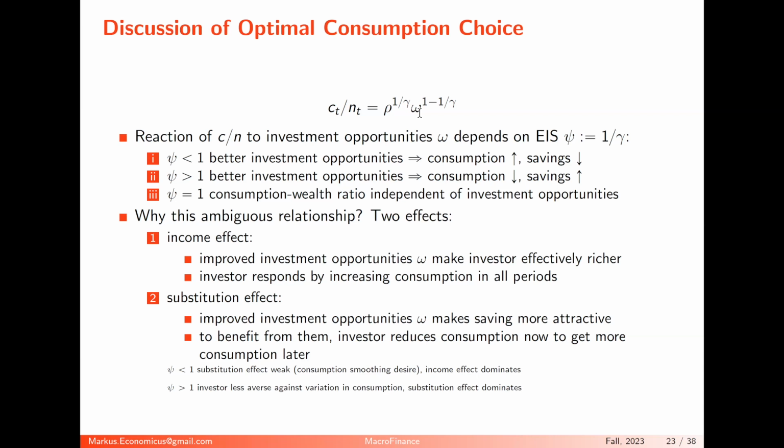And it reflects, let's suppose this whole thing is positive, if omega goes up, you want to consume more. Okay. If it goes the other way around, if it's negative, if omega goes up, you want to consume less. So that's what this formula represents.